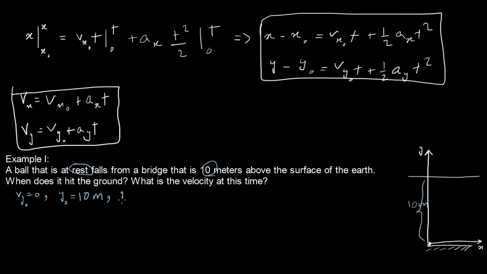So at the time when it arrives at the ground, y is 0. So now let's put everything here. 0 minus y naught, which is 10 meters, equals vy naught is 0, so this term is 0, plus half ay t square.